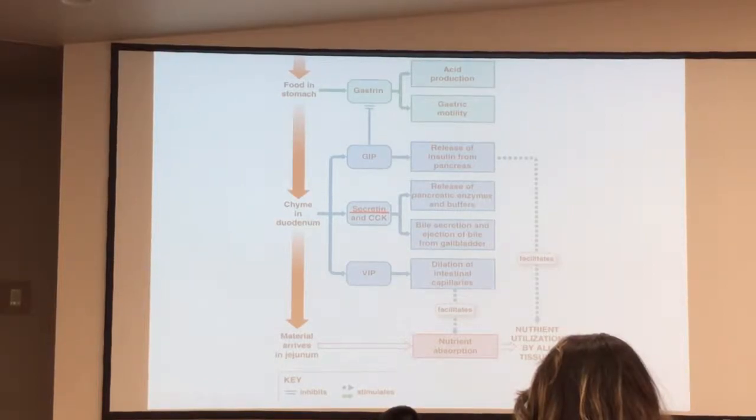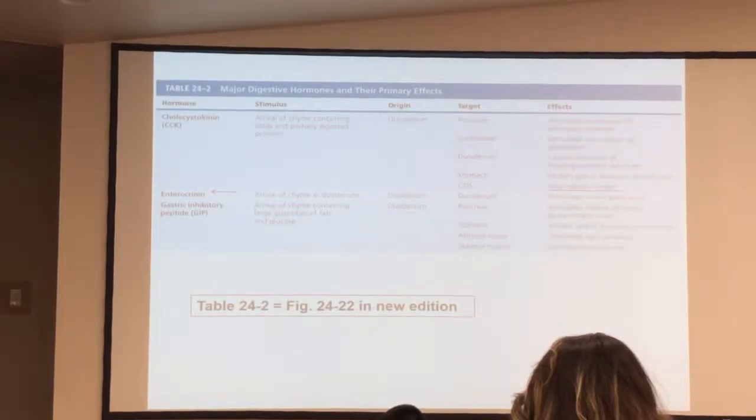Okay. So from the small intestine, you need to know GIP, secretin, CCK, VIP. That's for digestive function. And here's a summary. CCK stands for cholecystokinin. And then the new book calls it enterokinin. They produce what?